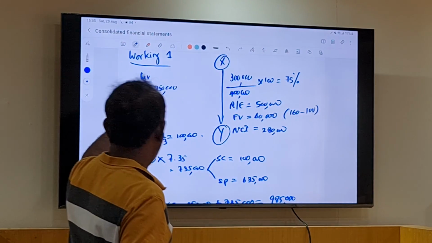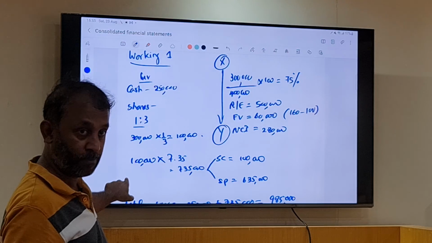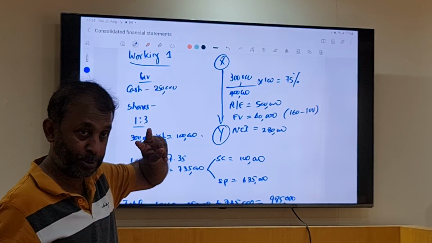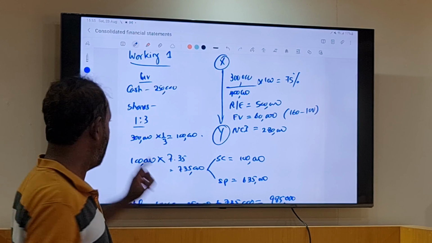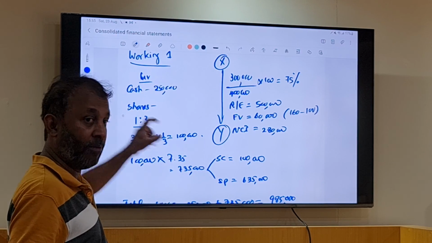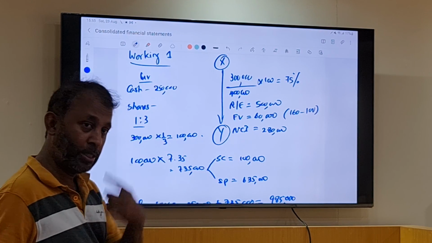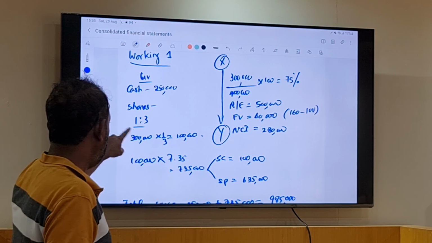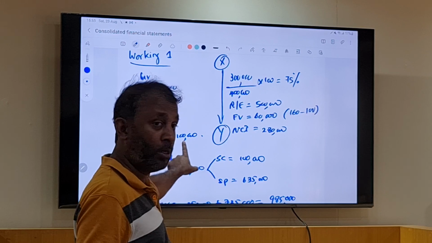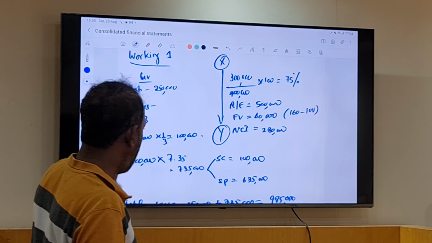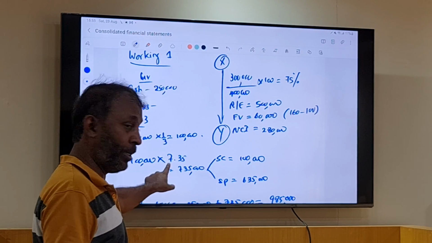And then we have to find out the investment. Investment is of two types. Cash, 250,000, straightforward. Second, share exchange. For every 3 shares you receive, you give 1 share. So 300,000 shares I am receiving, so I will have to give 100,000 shares. What is the share price of 1 share? 7.35.